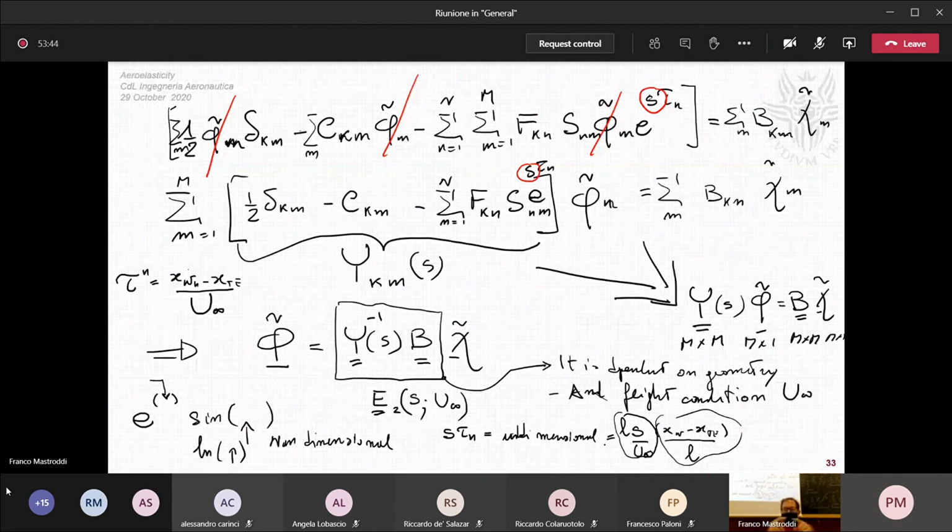Typically, this L is the chord length, or half chord length in aeroelasticity. So let me write here L equal to the half chord. This is the very standard assumption in aeroelasticity. Chord by 2. However, this is a nondimensional length, and this is the novelty, a nondimensional Laplace variable.